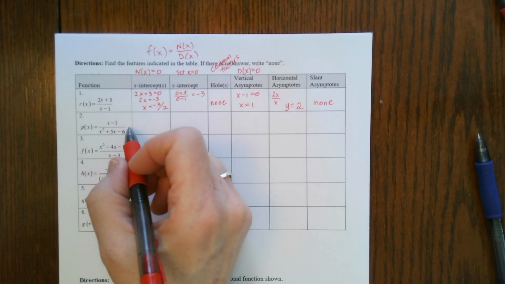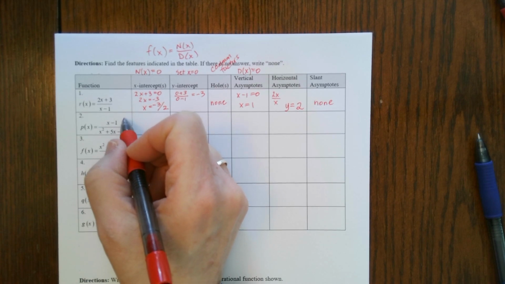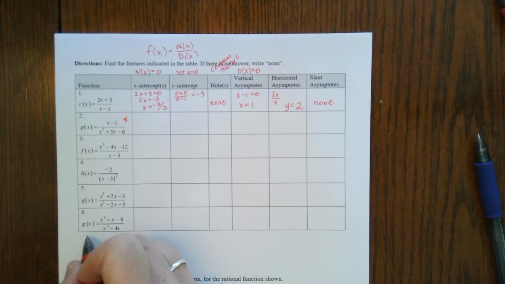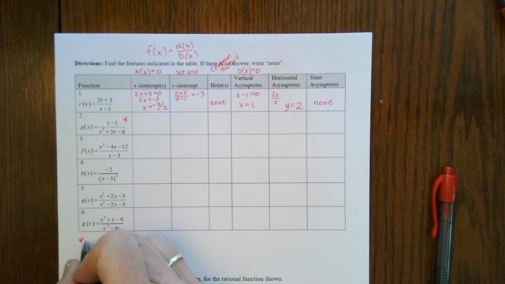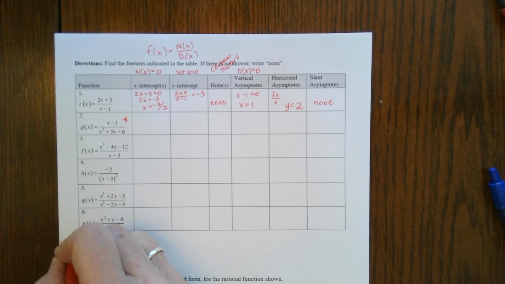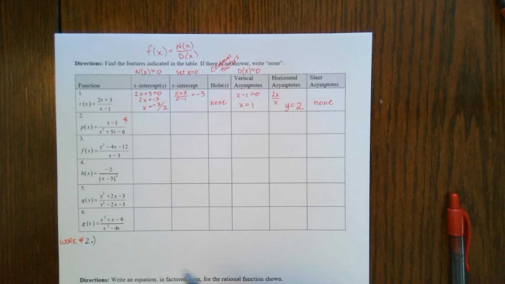For this function, we have to do a little more work because I want to factor it. So we'll factor it here. For problem 2, we have x minus 1 divided by the denominator, which factors as x plus 6 times x minus 1.